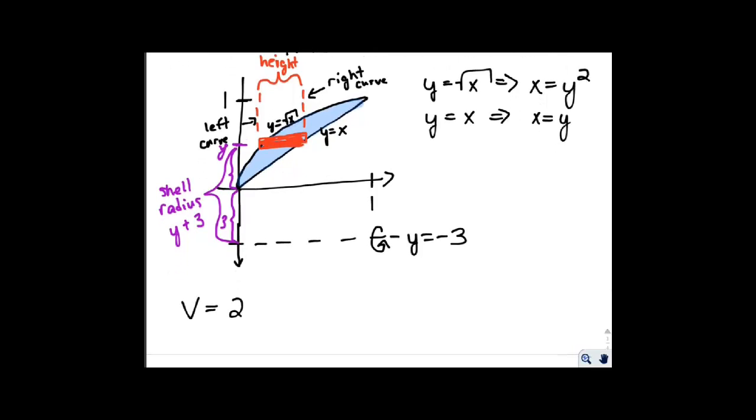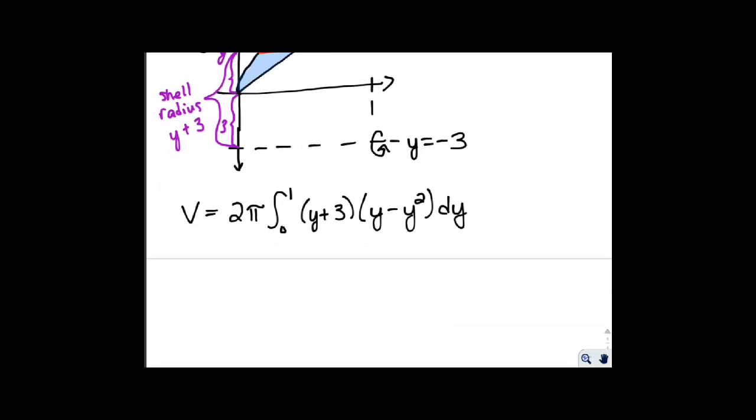So now let's write down our integral. The volume is equal to 2 pi times the integral from 0 to 1, and that's our interval on the y-axis, of my shell radius, y plus 3, times my shell height, which is y minus y squared, dy. And then we just have to integrate this lovely thing. So again, we have to distribute. We get 2 pi, the integral from 0 to 1.